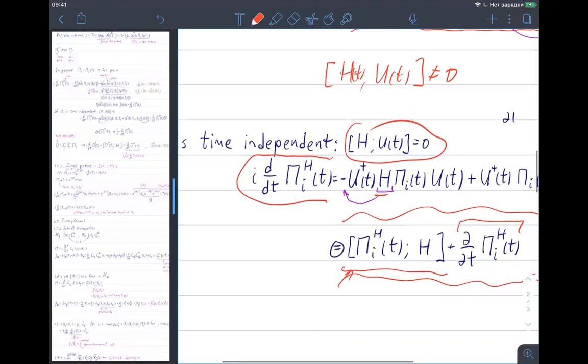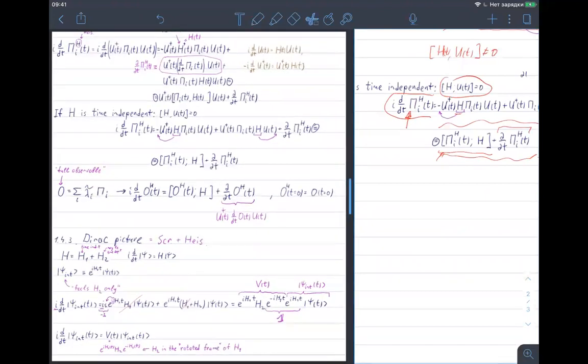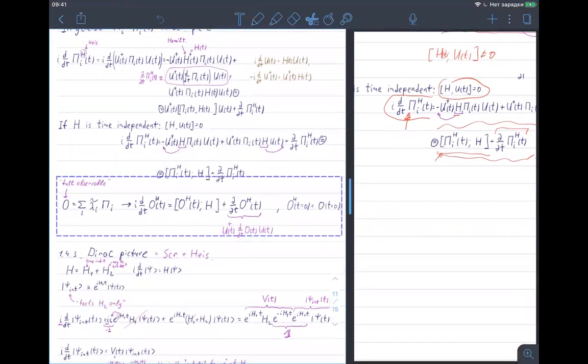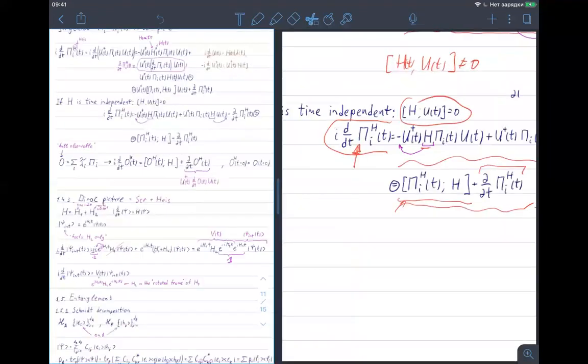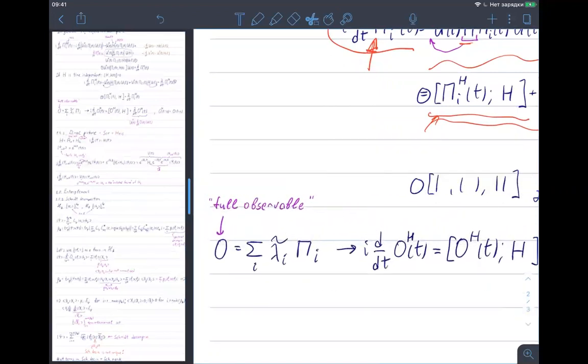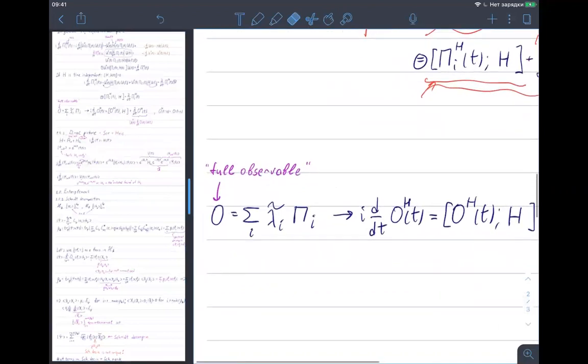Here we consider this P again. It was just our projector, a part of some operator. This story can be generalized to a full operator. We can consider a full observable, not only one term in its spectral decomposition, but the full operator, which consists of a number of different projectors with some eigenvalues.